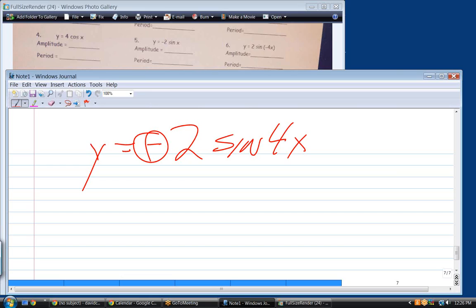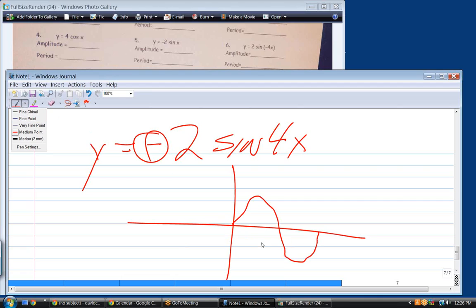Notice if I draw the sine function, hold on. If I draw the sine function and reflect it about the x-axis, I get this. If I reflect it about the y-axis, I get the same thing. And that's just a property of the sine function.